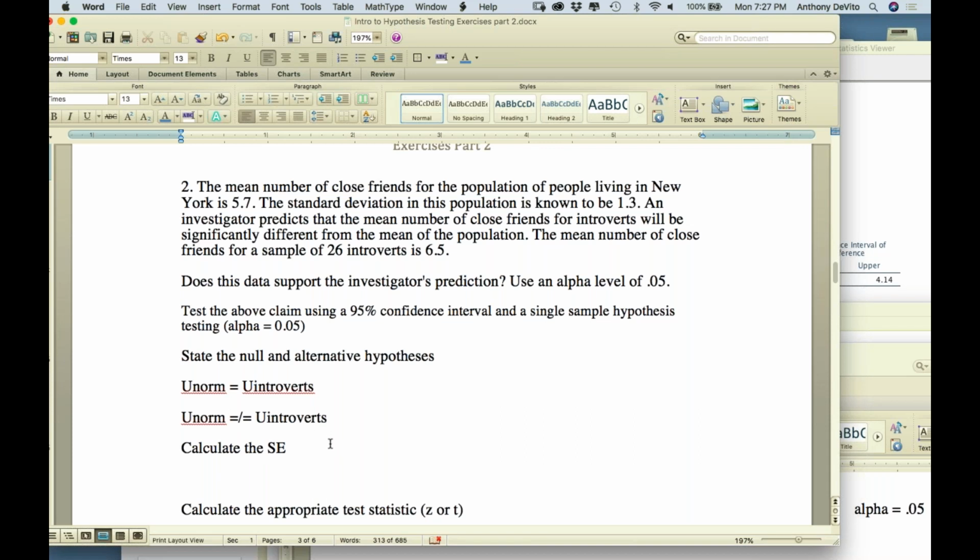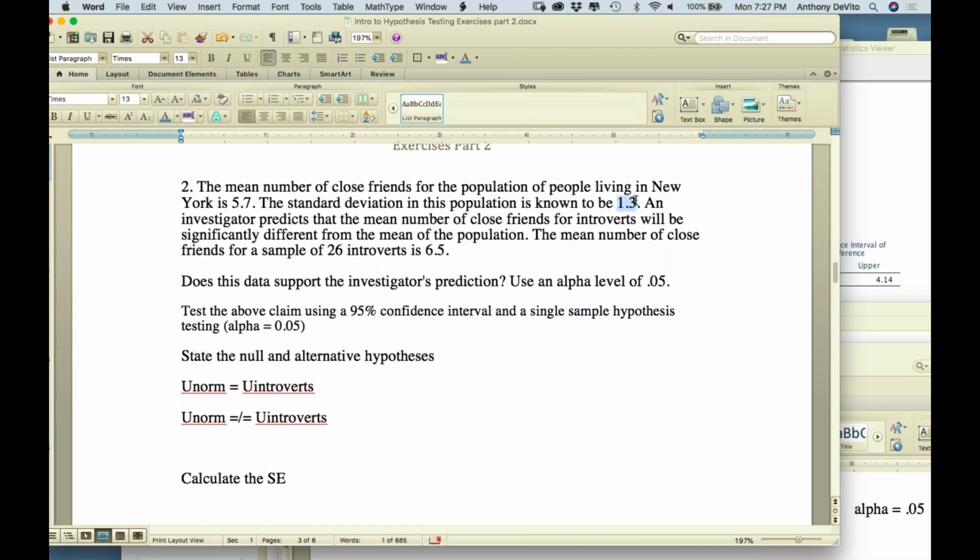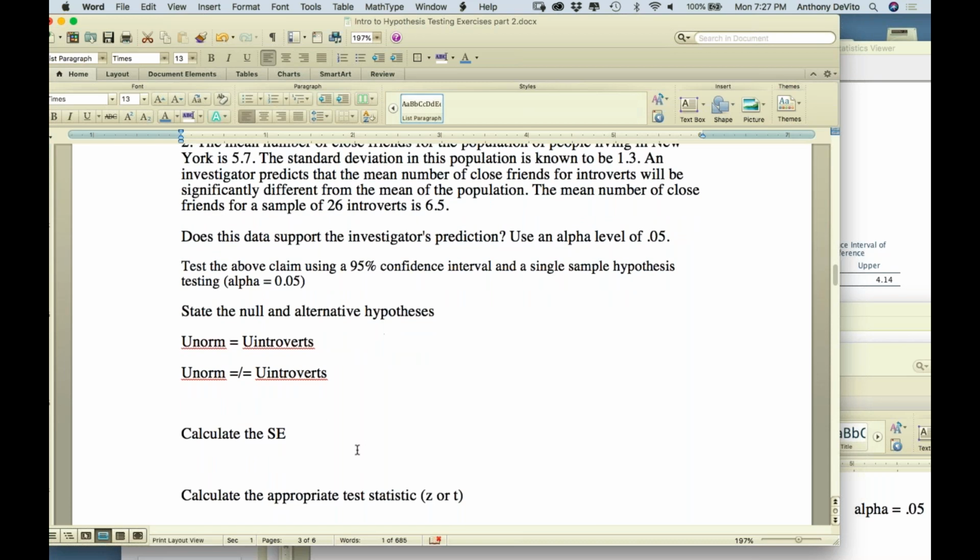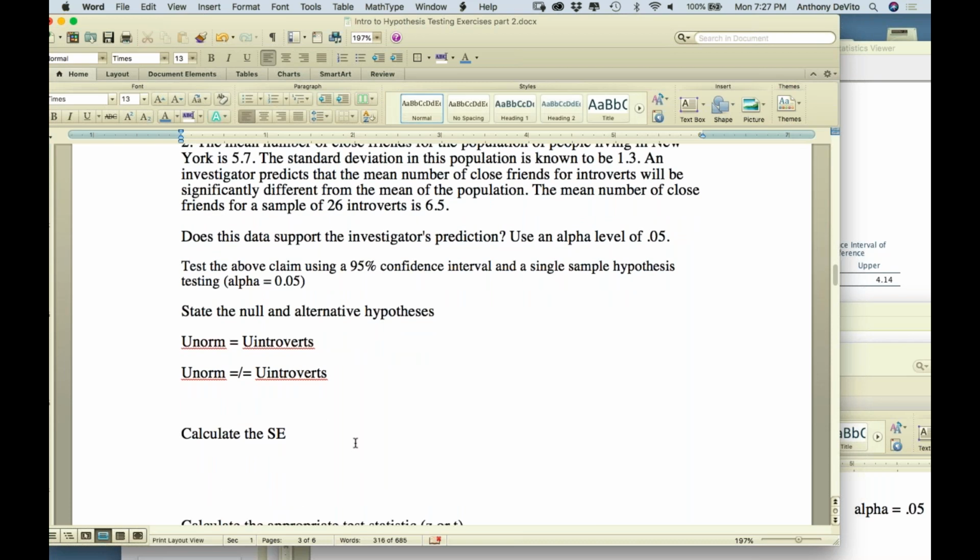Okay, so the first thing we need to do is calculate a standard error. The standard deviation for this population is known to be 1.3. I'm going to assume that the standard deviation is the same for both populations. That's 1.3. So let's calculate the standard error. The standard deviation sigma is equal to 1.3.